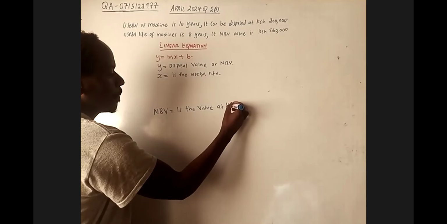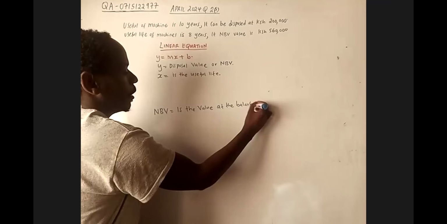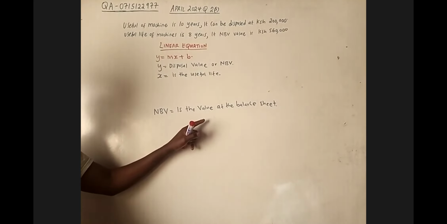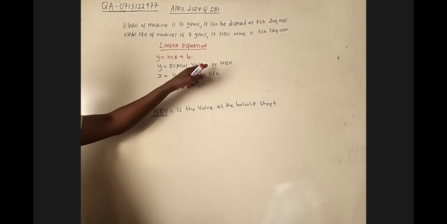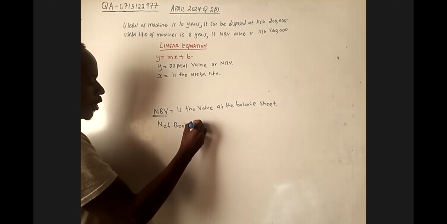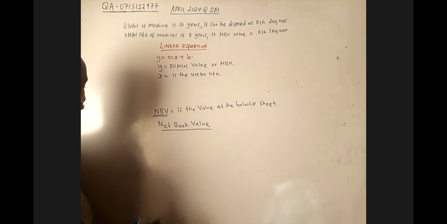If we decide to sell or dispose of this asset, we shall dispose it at the net book value, and therefore the disposal value and the net book value are the same. So this is the value at the balance sheet, or the value as at the end of a particular period.